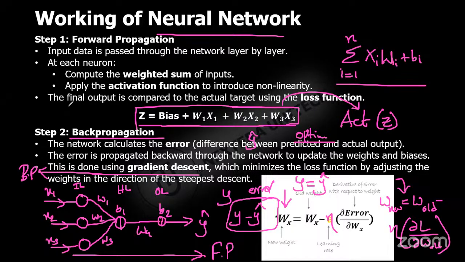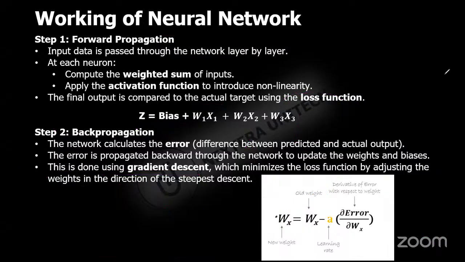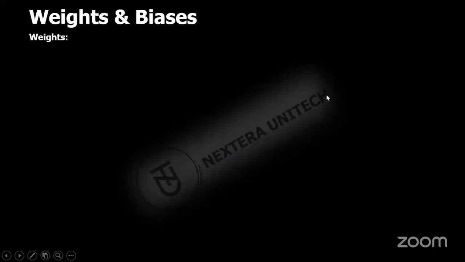We'll discuss what exactly epoch means as part of the use case, because under the use case we'll use this parameter called epoch. I hope you guys have understood the working principle of how a neural network works.